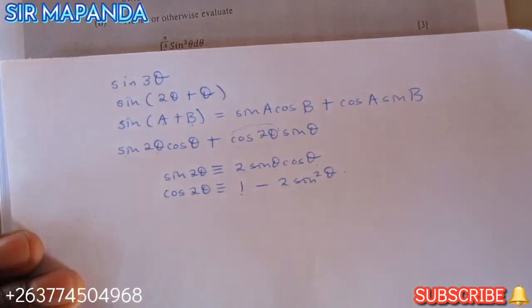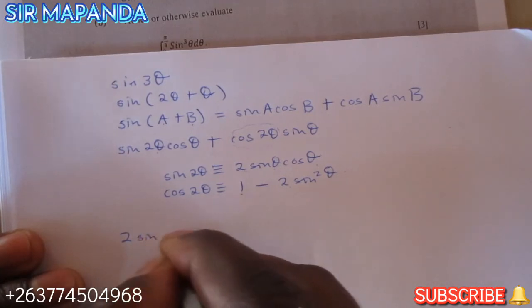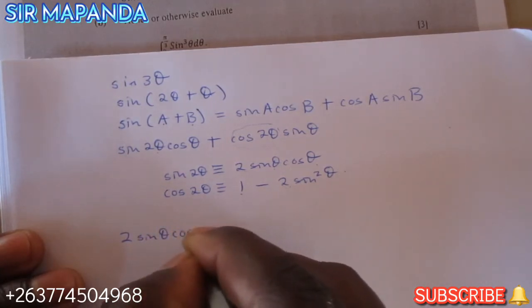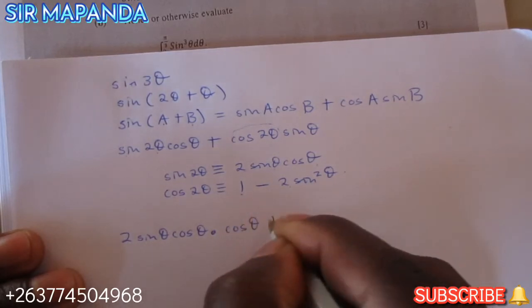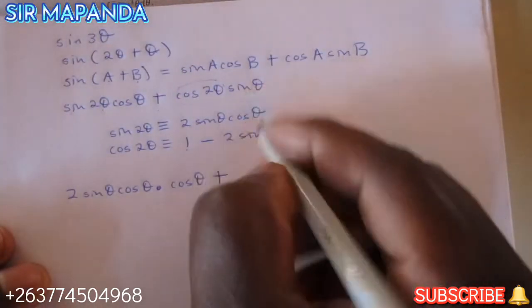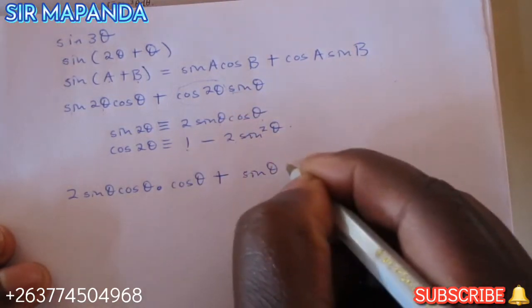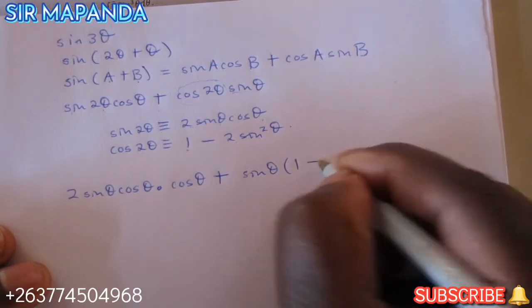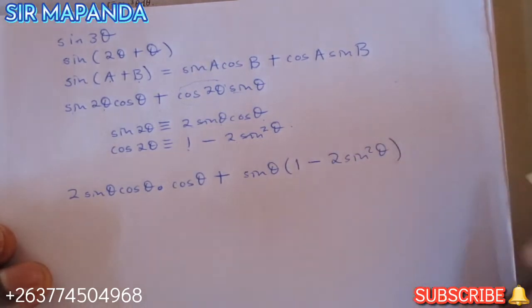So we get 2 sine theta cos theta times cos theta plus sine theta open bracket 1 minus 2 sine squared theta.